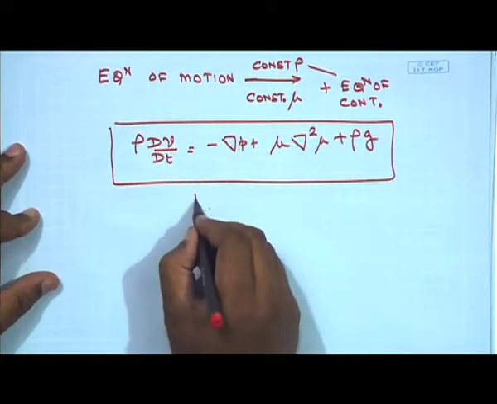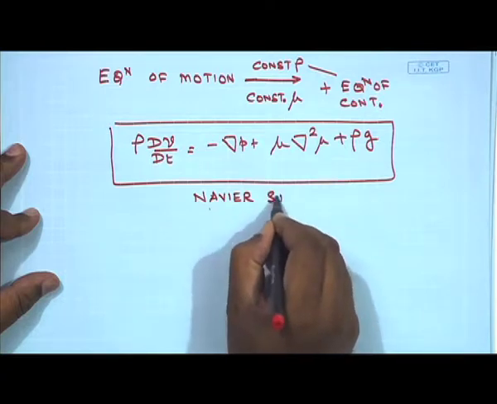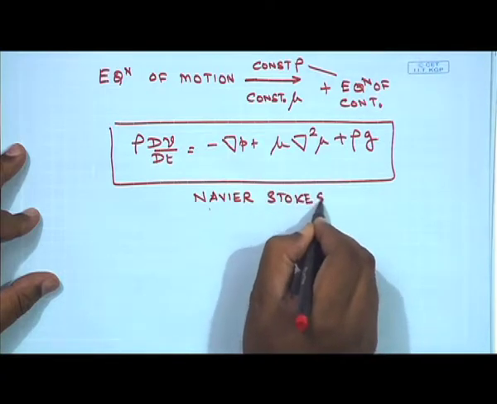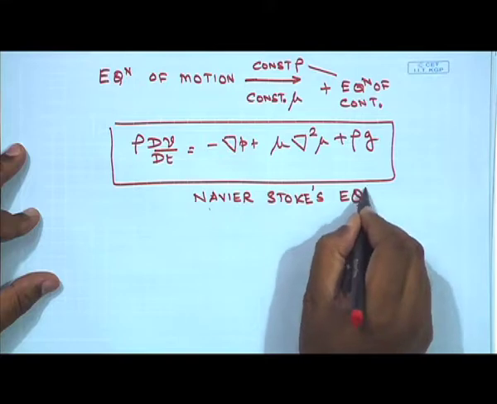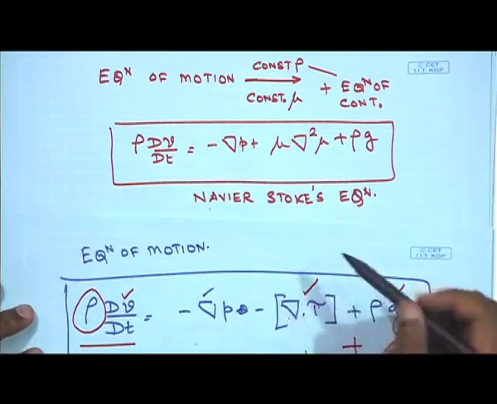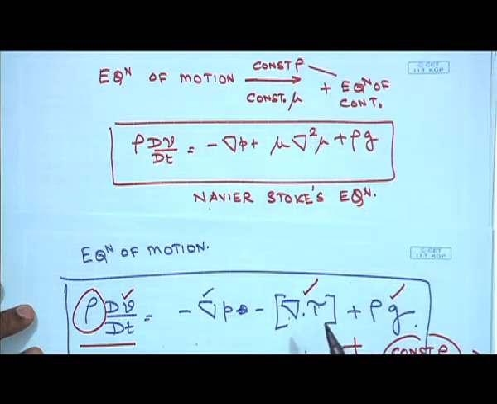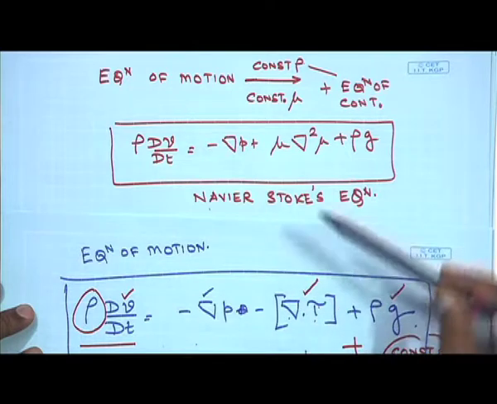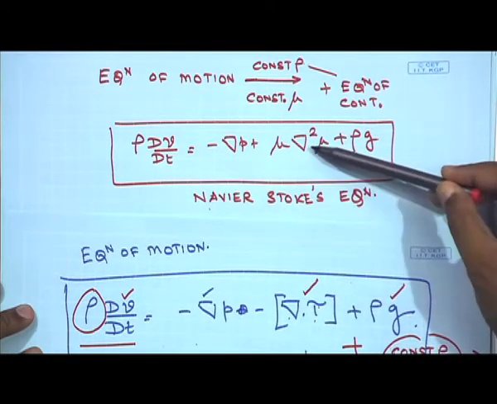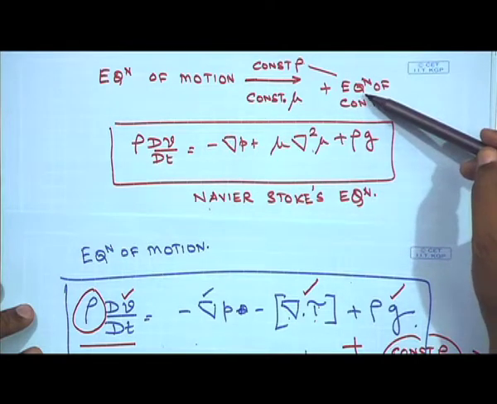this, which is known as the famous Navier-Stokes equation. Again, if you look at these two equations, the only change is constant rho and constant mu. So, your tau can now be replaced in this form, and you also have the equation of continuity.